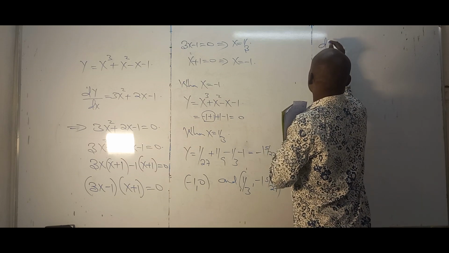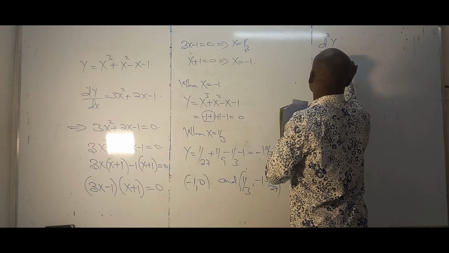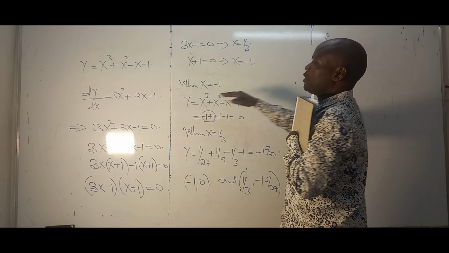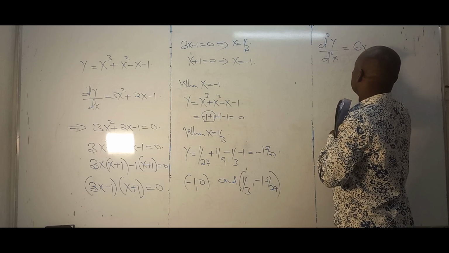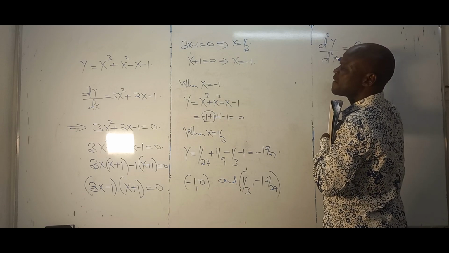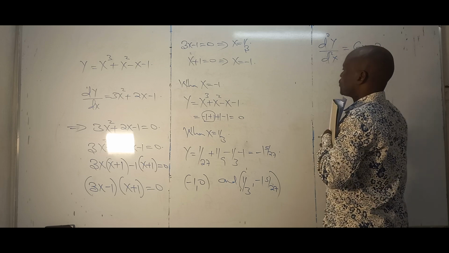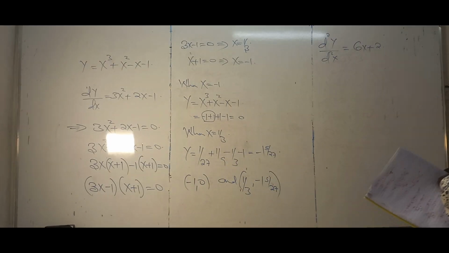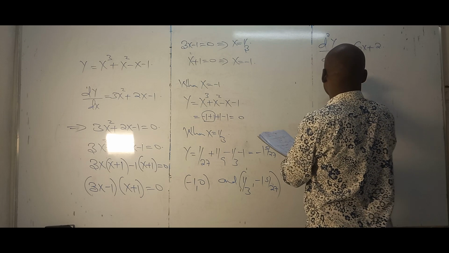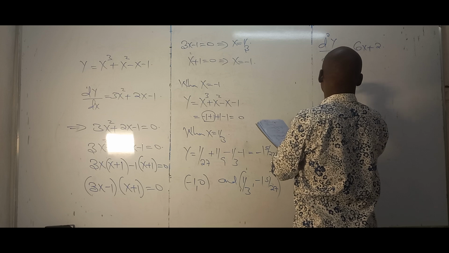Differentiating again, the second derivative is 6x plus 2. So we want to see what that is at x equal to -1.